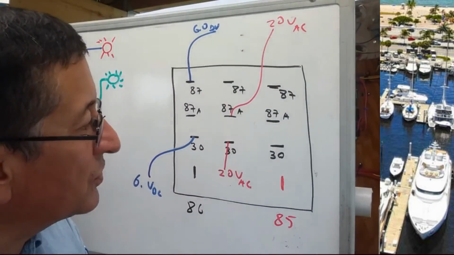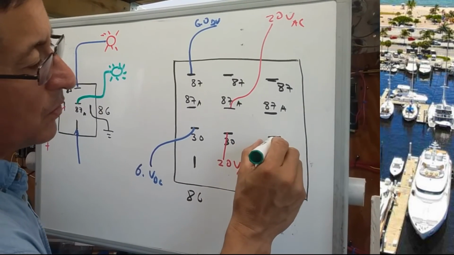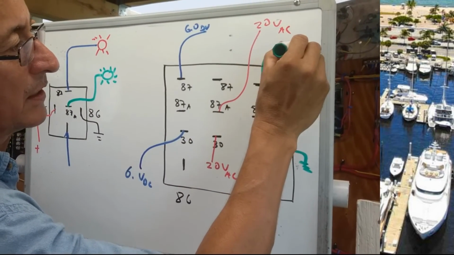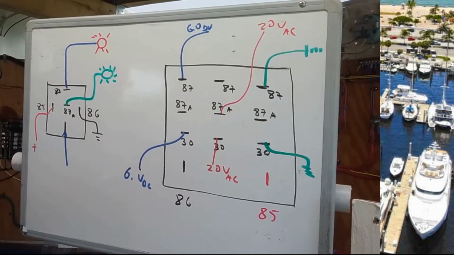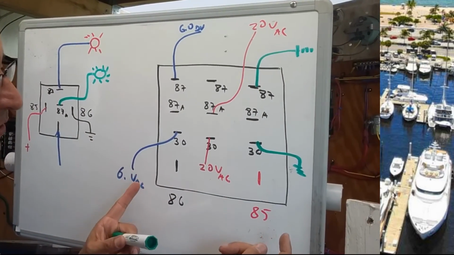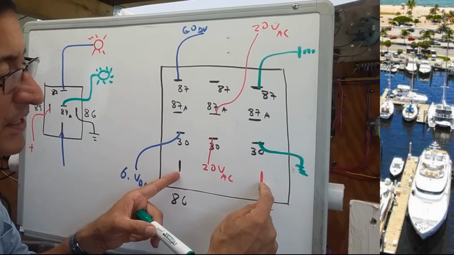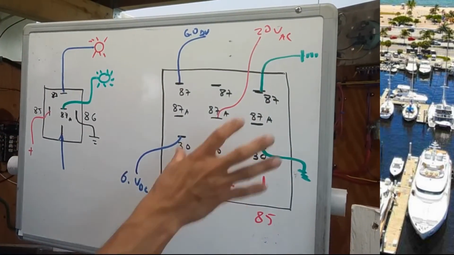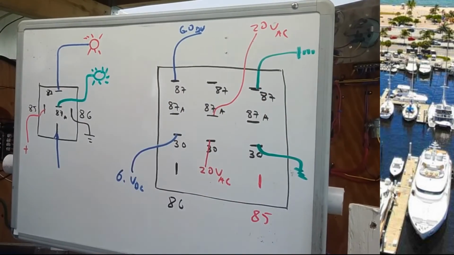And I want to send in this one ground, and I send the ground here. In other words, when I bring the power to 85 and 86 in those terminals, I send 3 different signals. This is a multiple function relay.